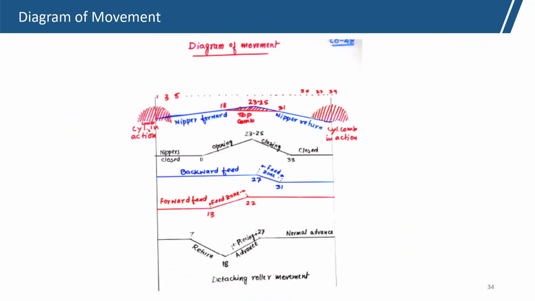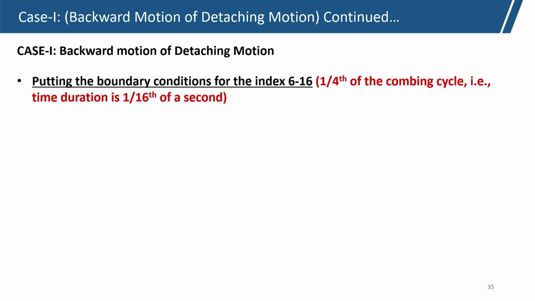So, we can see in case 1, backward motion of the detaching roller, putting the boundary condition 6 to 16. So, 1/4 of the combing cycle, that means 1/16th of the second duration, RPM of gear A is x plus y.